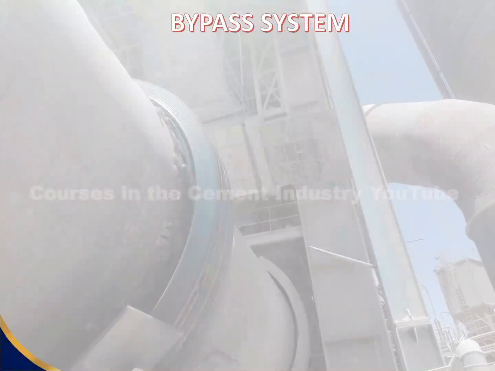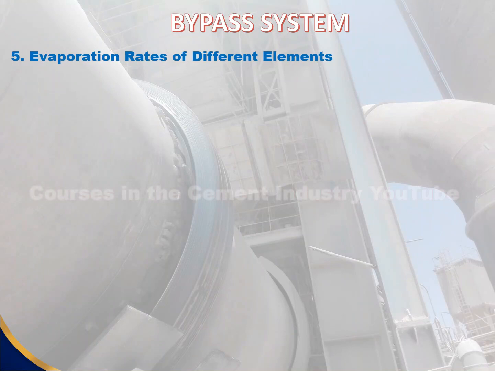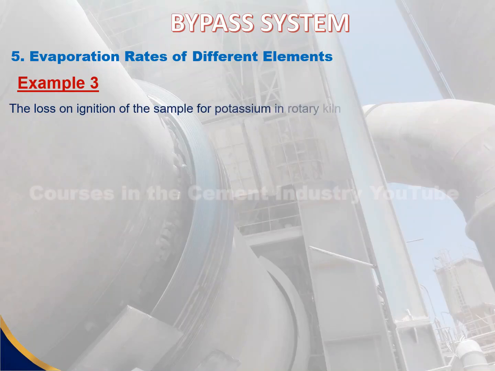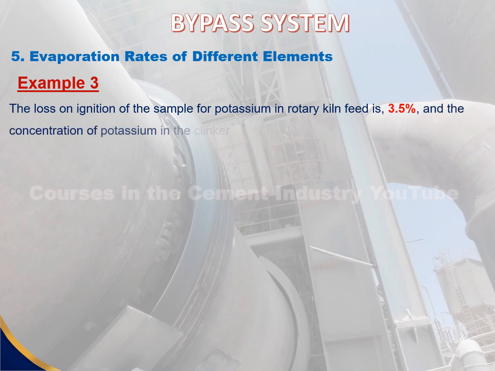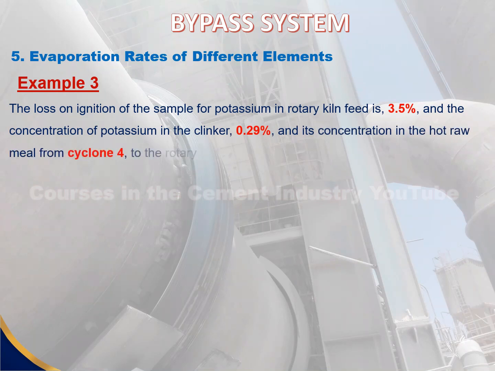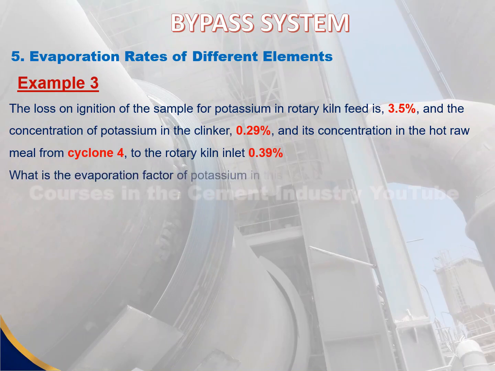We follow evaporation rates of different elements. Example 3. The loss on ignition of the sample for potassium in rotary kiln feed is 3.5%, and the concentration of potassium in the clinker is 0.29%, and its concentration in the hot raw meal from cyclone 4 to the rotary kiln inlet is 0.39%. What is the evaporation factor of potassium in this system?